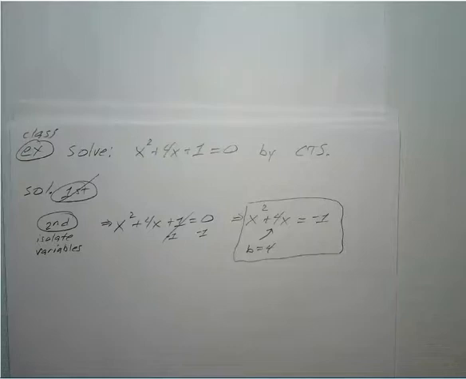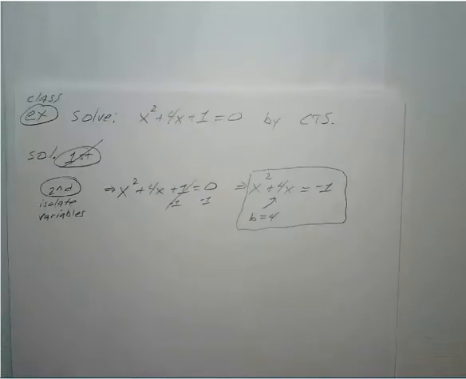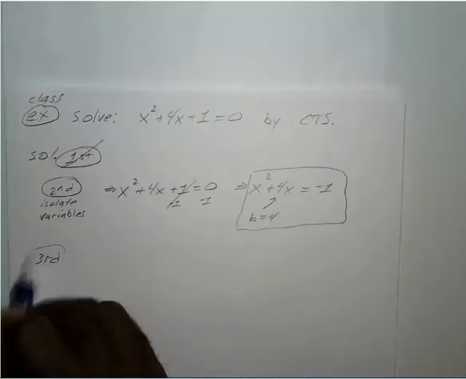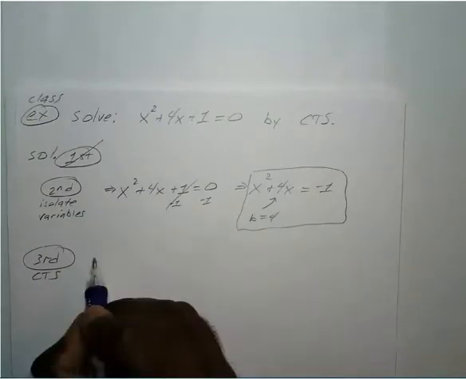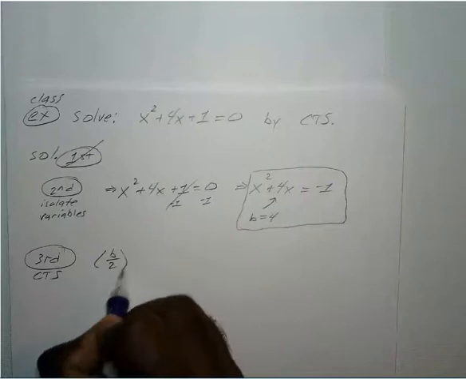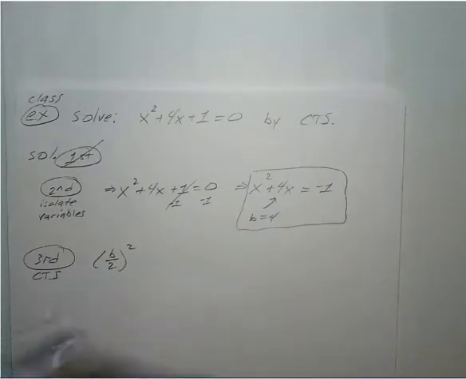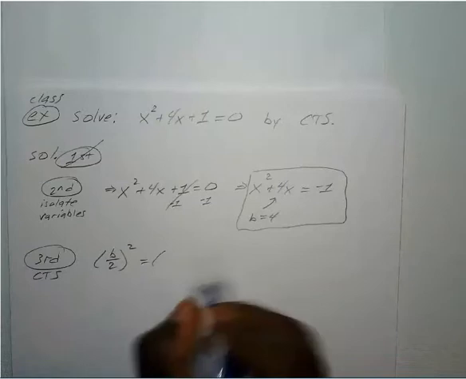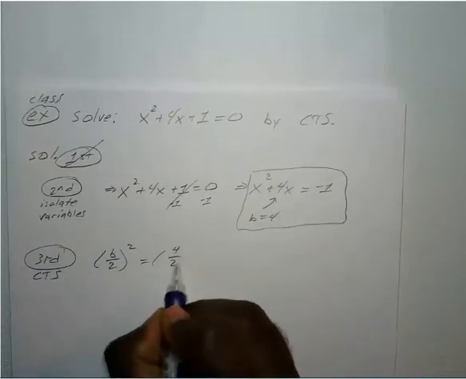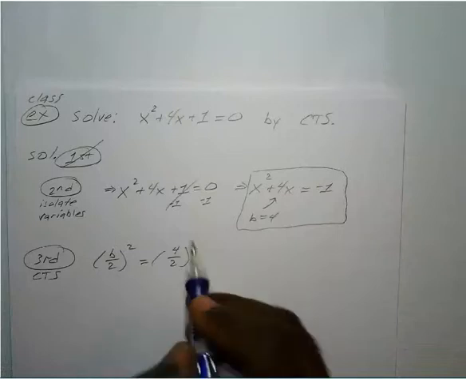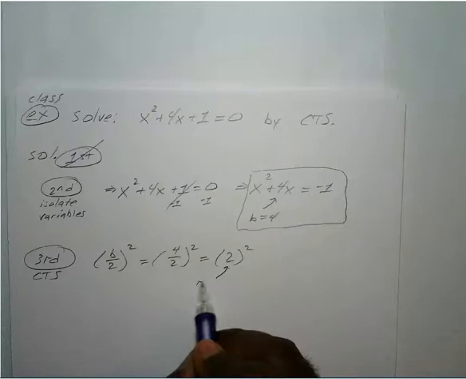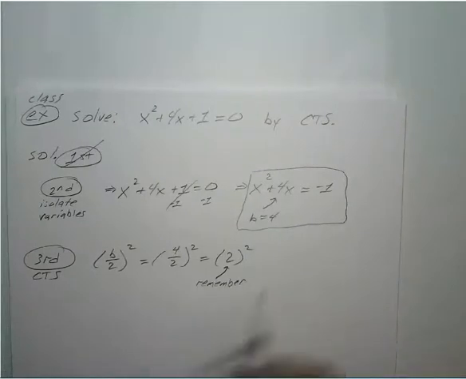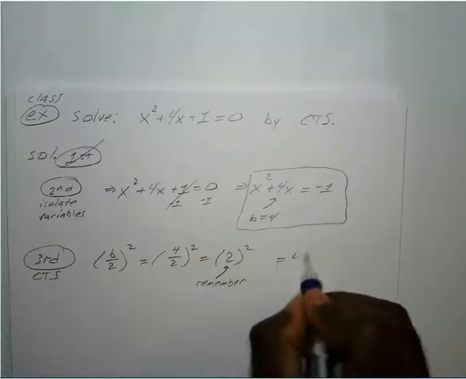So that's what we're going to use. So going to our third step is where we complete the square. And remember, that's b divided by 2 squared. Our b is equal to 4, so that makes it 4 divided by 2 squared. 4 divided by 2 is 2, so that's 2 squared. And remember that value. 2 squared is equal to 4.